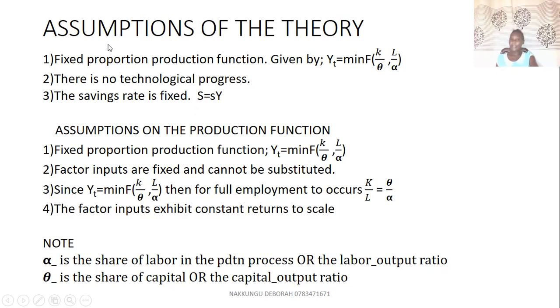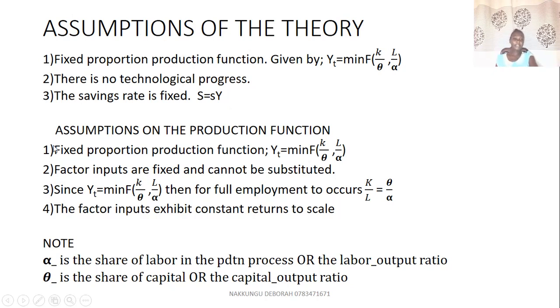Now, those were the assumptions about the theory. Now we go further ahead to look at the assumptions about the production function. If they are specifically asking for the assumptions about the production function, you shouldn't put the assumptions about the theory, because there are two different things.